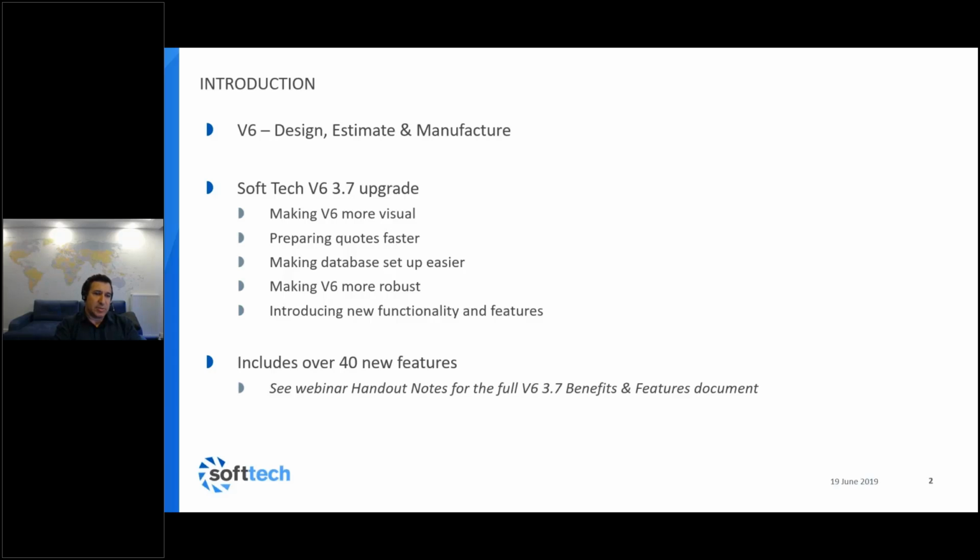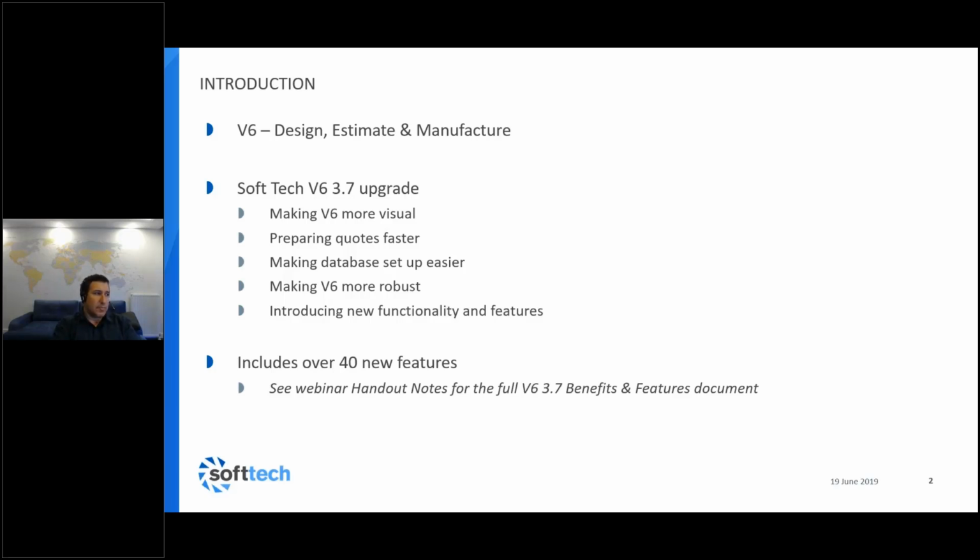In this version 3.7, you will see the menus, the ribbons, and the overall experience of the user will be better. It's more, I can say, user-friendly, and you will see that right away when I start the presentation. The look and feel is a little different.